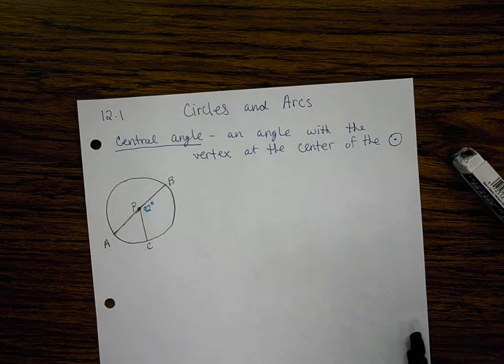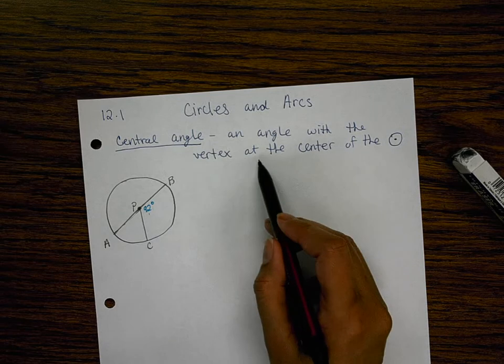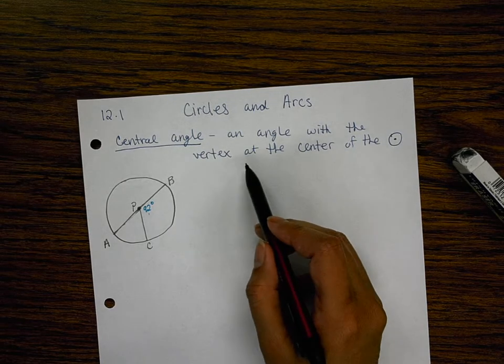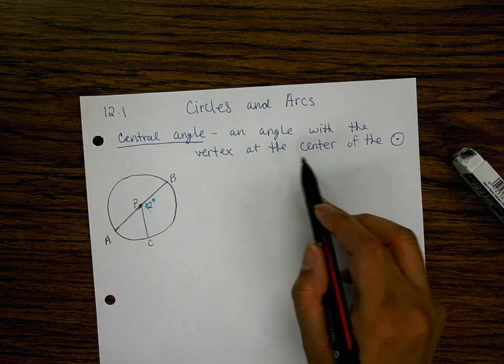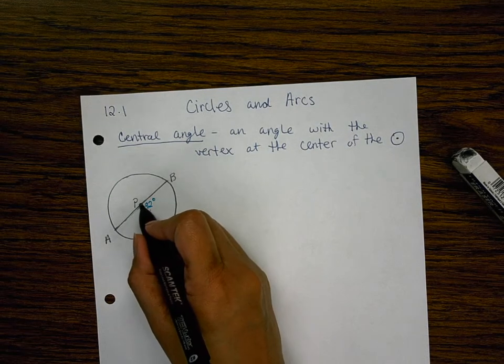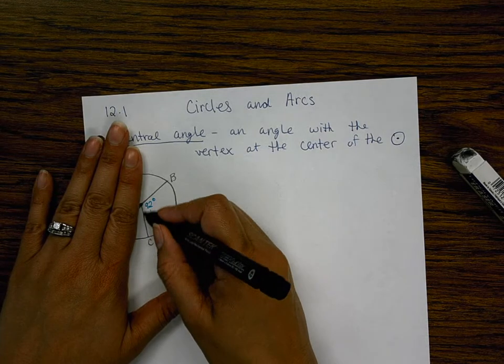So that angle right here is a central angle. The 92 degrees is a central angle because the vertex is at the center of the circle. So the vertex is right here where the two lines meet to make your angle. There's my angle.